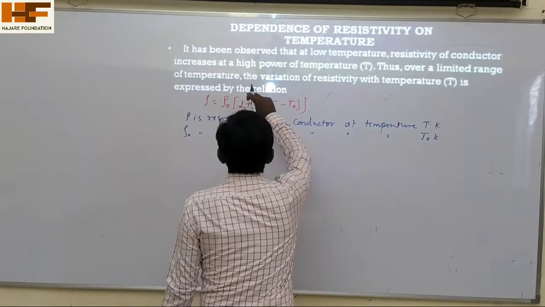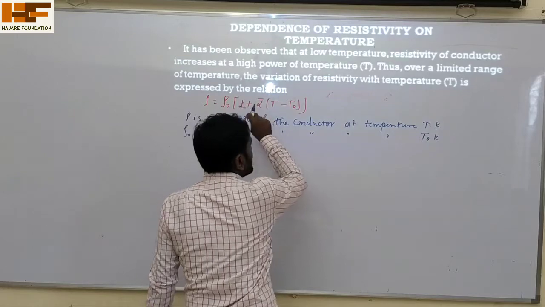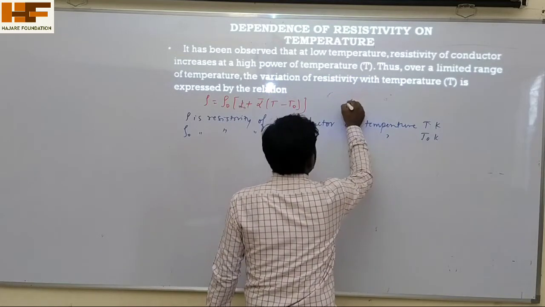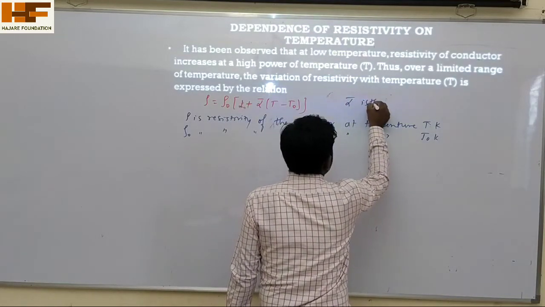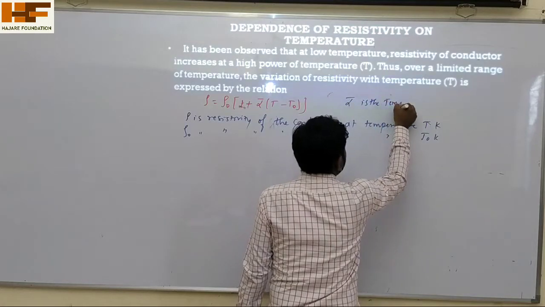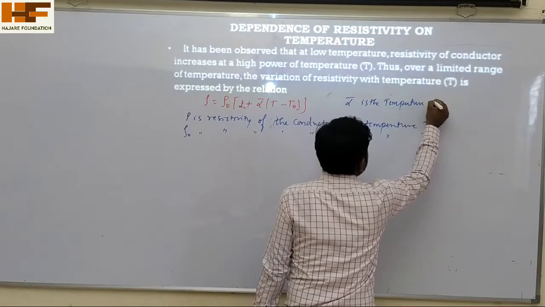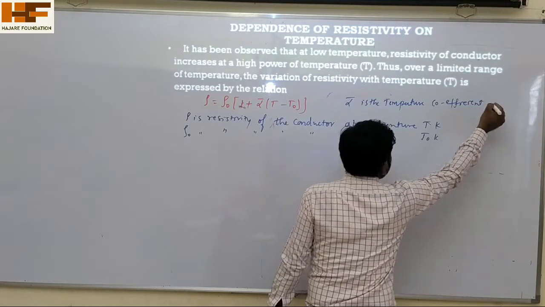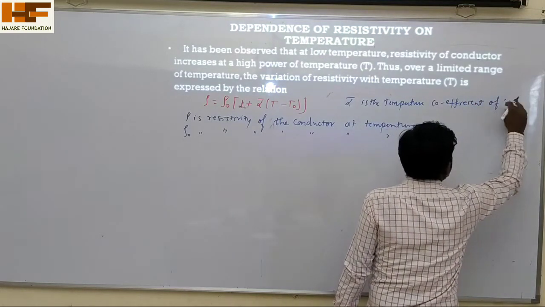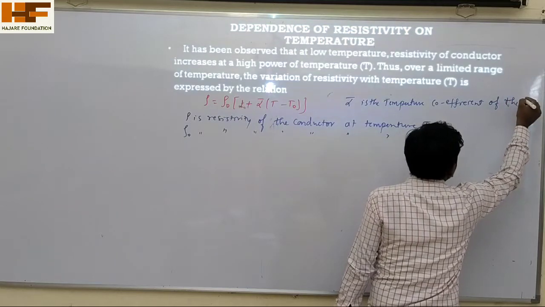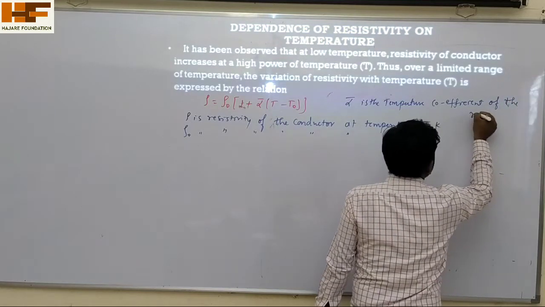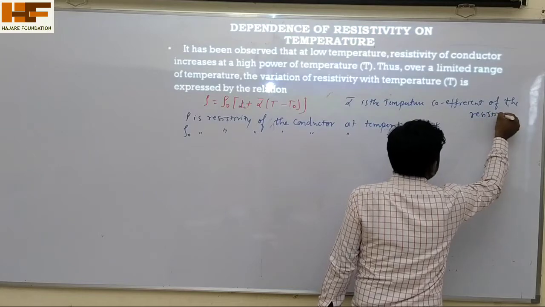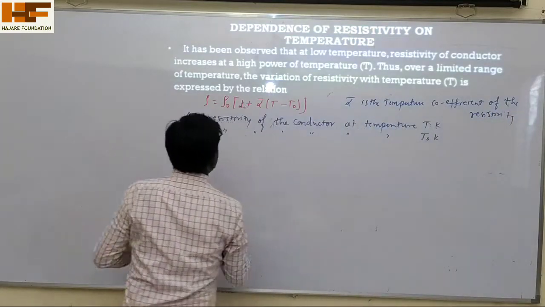And alpha bar is the temperature coefficient of resistivity.